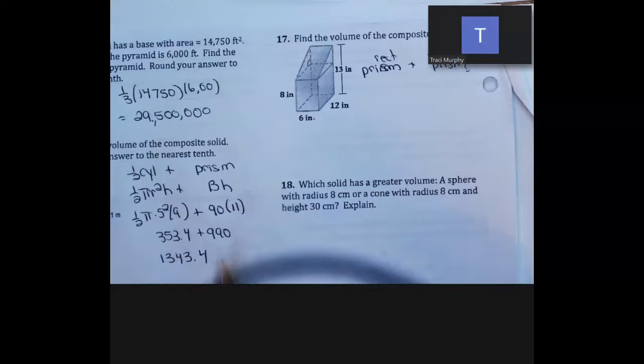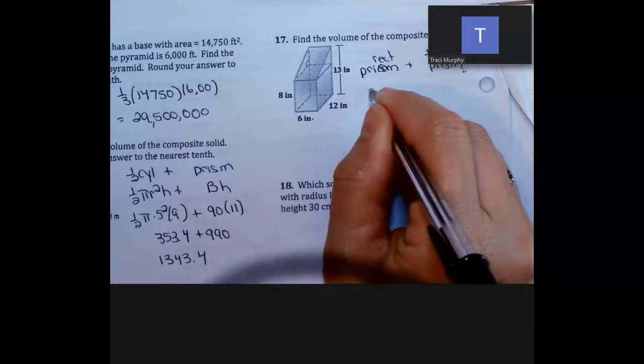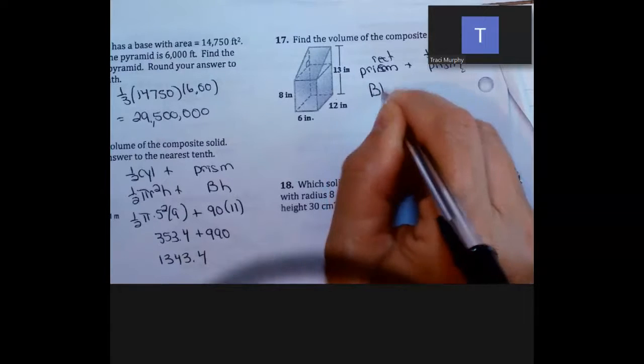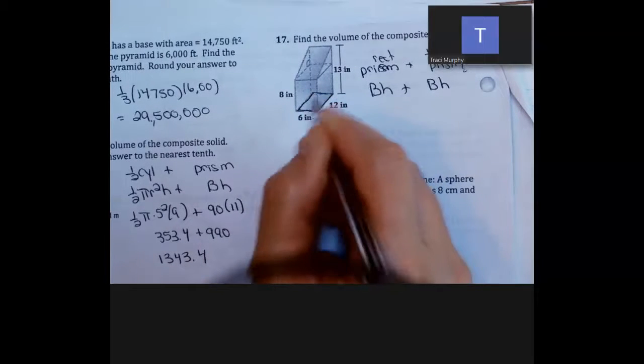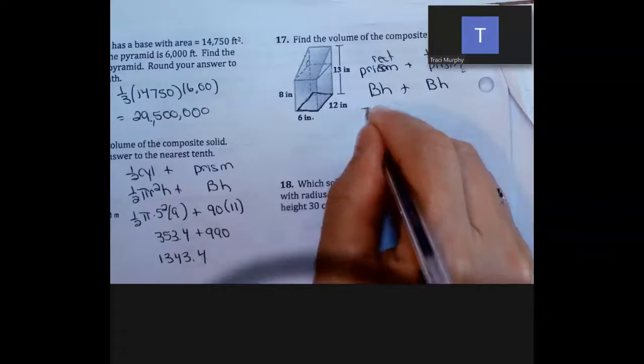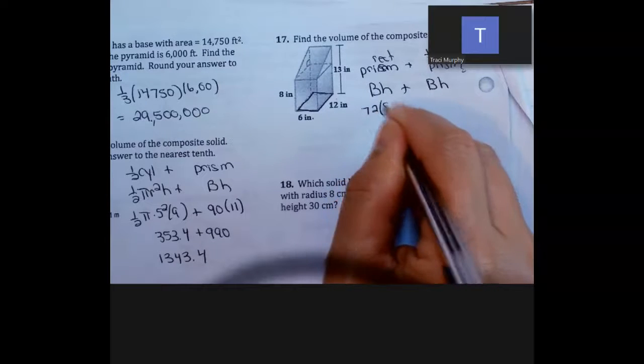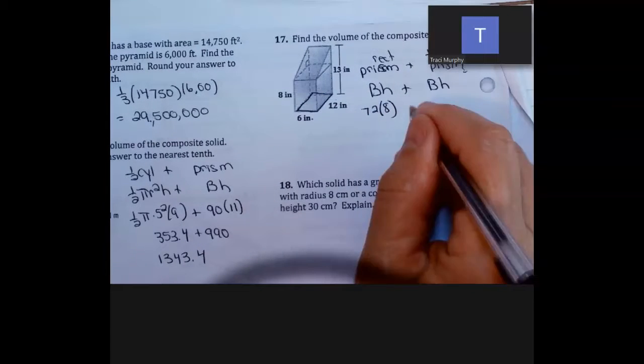Okay, so again, we're looking for volume. So volume of the rectangular prism is, again, big B times H, and actually so is this one. It just happens that their bases are different. So the first thing I'm looking for is the area of that base down there. So that would be 6 times 12, which is 72, and its height is 8.